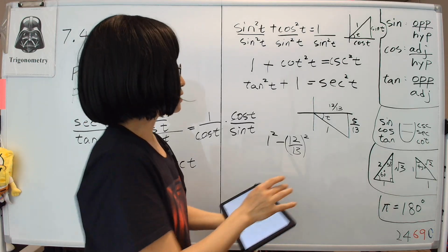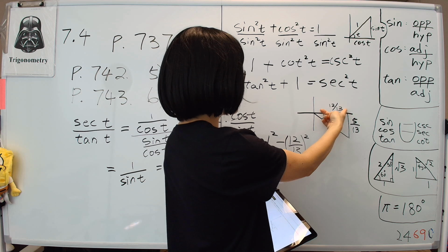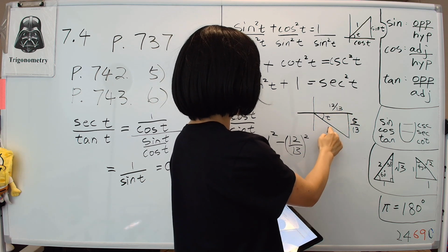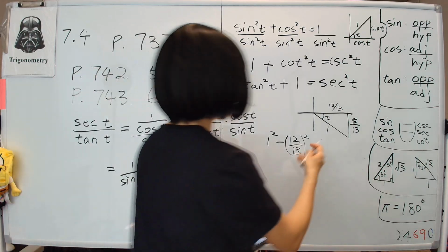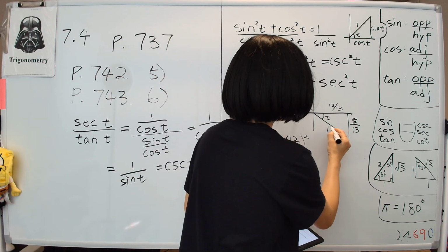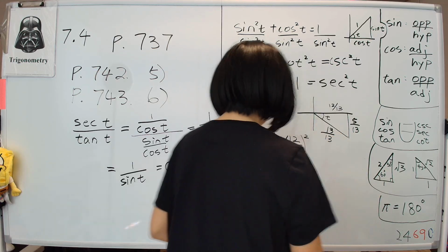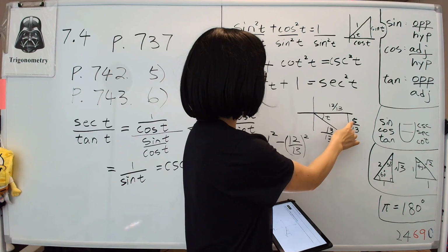First, what is the sine of t? Sine of t is this one divided by this. We just have to pay attention. We'll call the one 13 over 13, so we don't have to worry about the 13 so much. Then for the ratios, we only have to worry about the numerator.